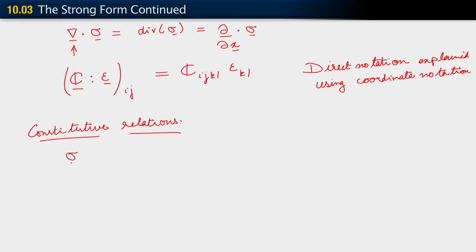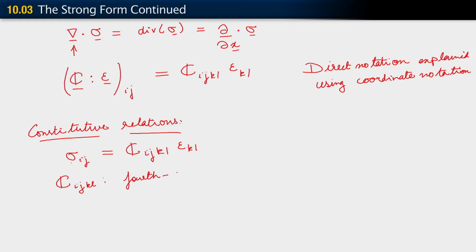We have sigma, I'll use coordinate notation now. Sigma ij equals C ijkl epsilon kl. Let's say a few things about this. C ijkl is a fourth order tensor.